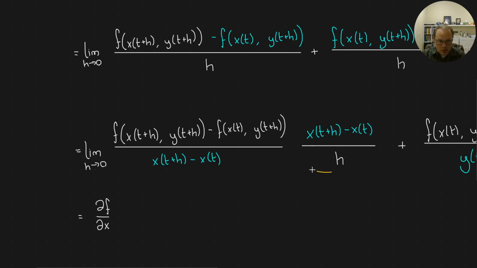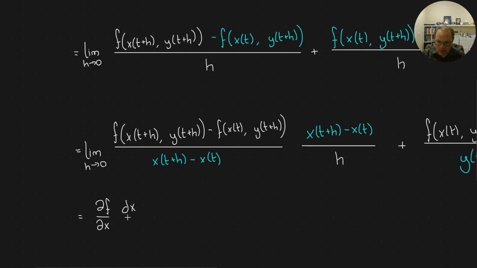Okay. Similarly over here, this is just a classic derivative. If I take the limit as h goes to 0, I'm seeing how much the x changes as the t changes. This is the derivative of x with respect to variable t.